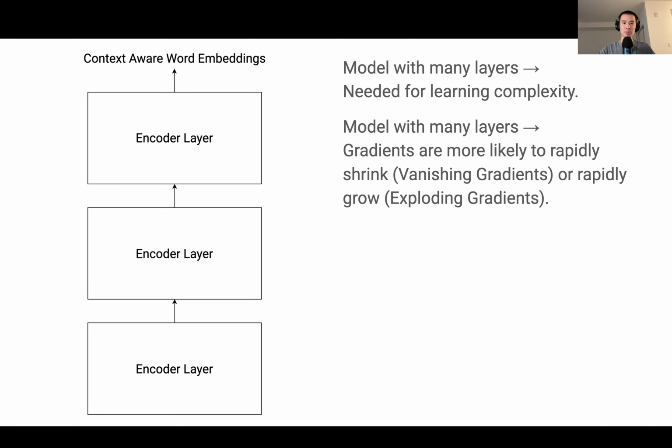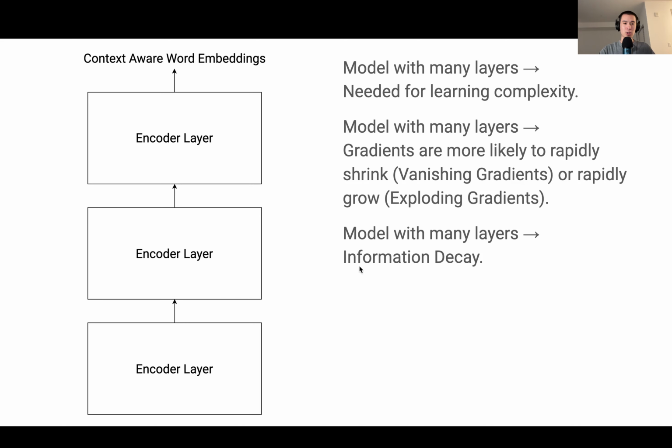Issue 1, in a model with many layers, gradients are more likely to rapidly shrink, vanishing gradients, or rapidly grow, exploding gradients. And as we discussed earlier in the course, vanishing gradients and exploding gradients will cause issues with your model learning. Another issue is that a model with many layers can lead to information decay.